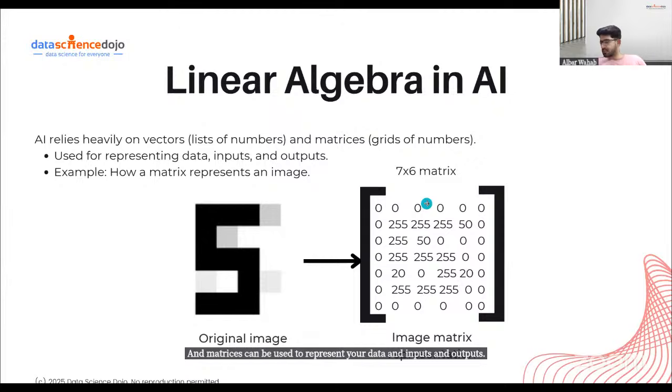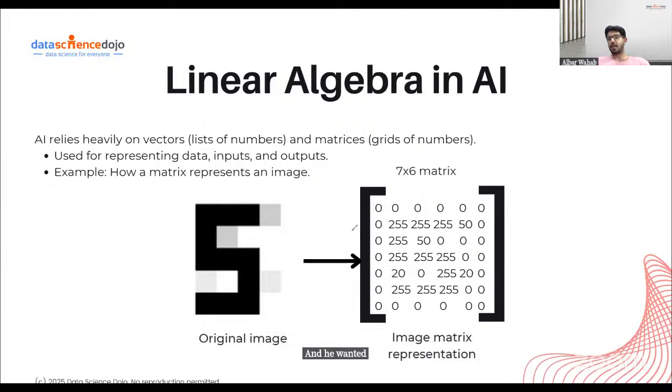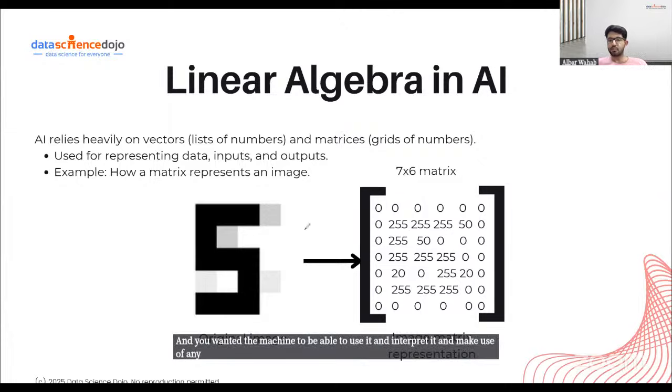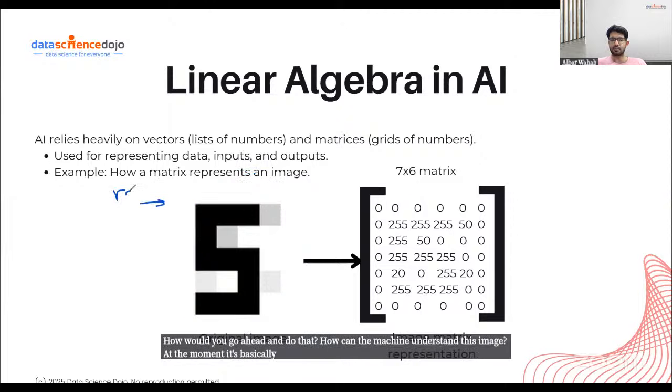For example, assume that you had an image of this number 5 in black and white. And you wanted the machine to be able to use it and interpret it and make use of it in your machine learning models. How would you go ahead and do that? How can the machine understand this image? At the moment, it's basically your raw data.